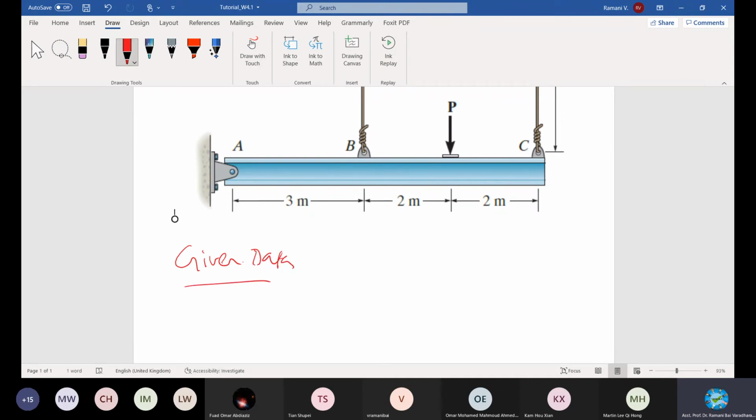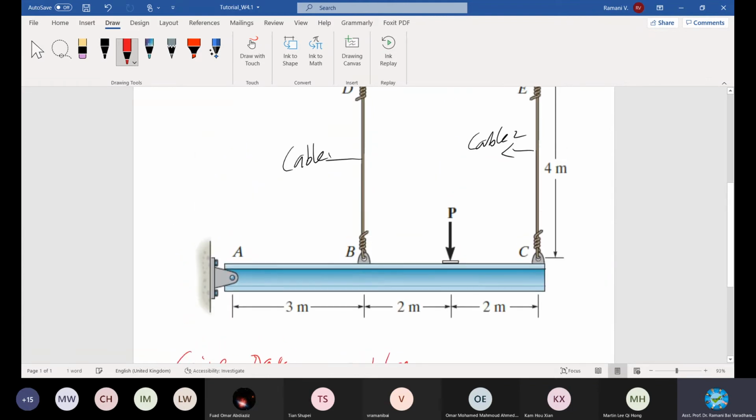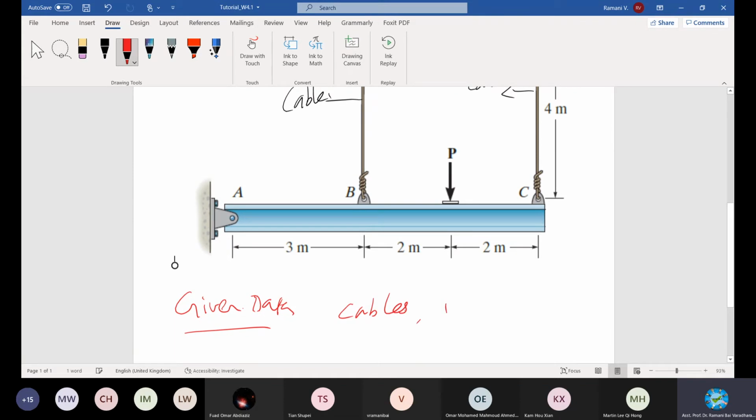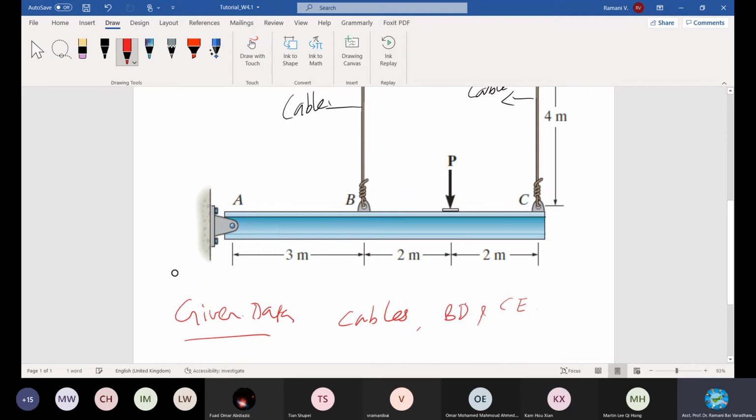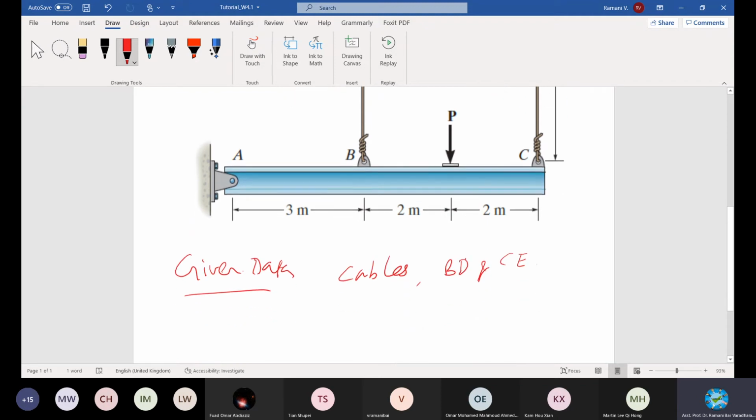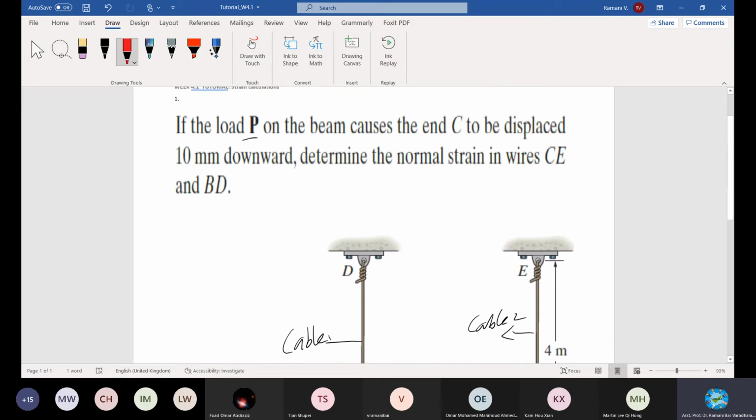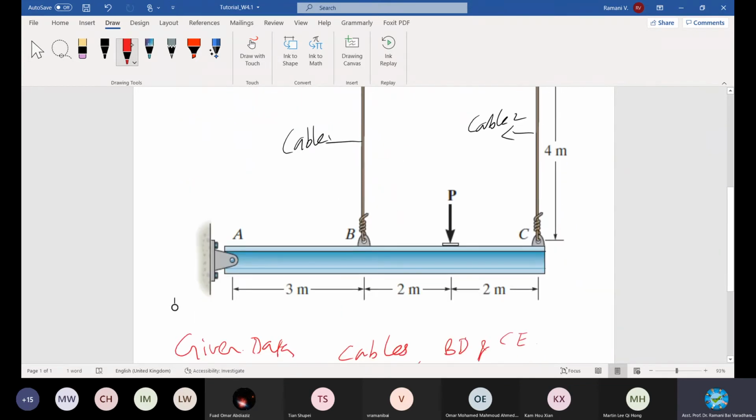load P. That is not much important anyway. Cables are there. You are given two cables, right? What are the cables? BD and CE. Our point of interest is at BD and CE. And then there is a value 10 mm given, right? 10 mm. C is displaced because of this load.